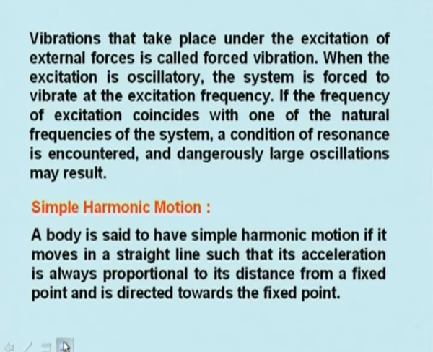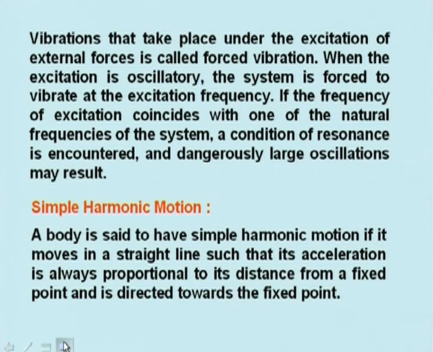Now, a vibrating body can vibrate in a number of ways. However, first we will study the very simple case, that is called simple harmonic motion, in which the displacement can be represented by a sine function or a cosine function, because sine theta is equal to cos of 90 plus theta.